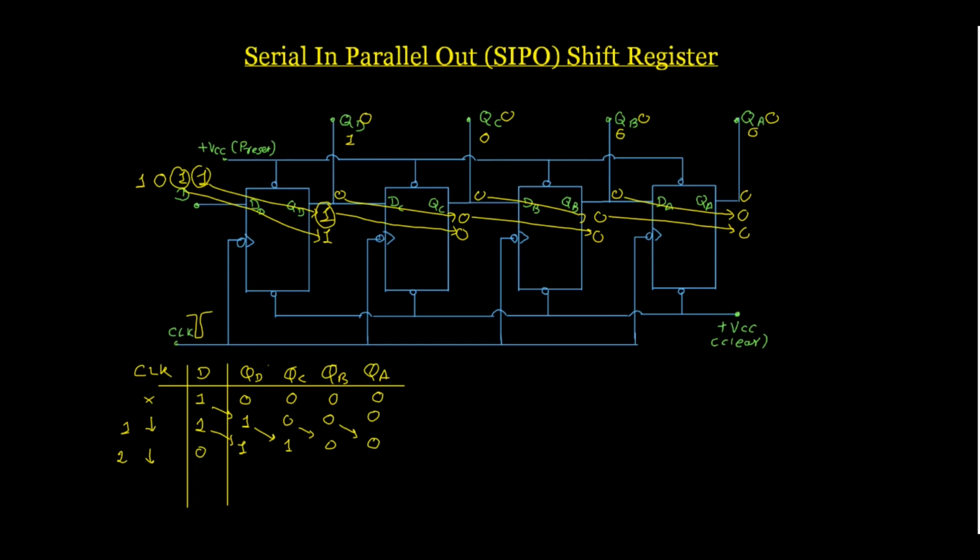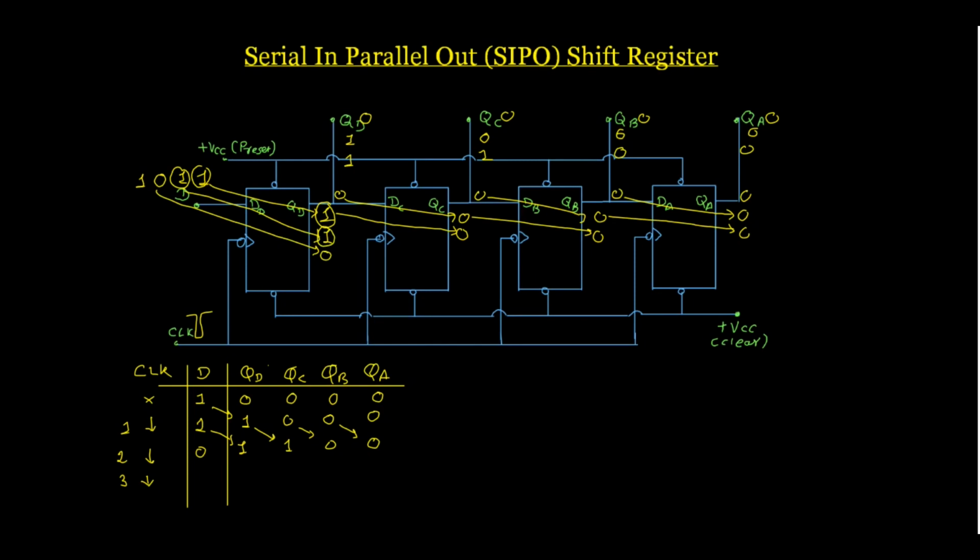So after the second clock pulse, what are the outputs QD, QC, QB, QA? This is 1, 1, 0, 0. Remember. Now, when we apply the third clock pulse, negative edge, the third bit, which is 0, is transferred to QD.